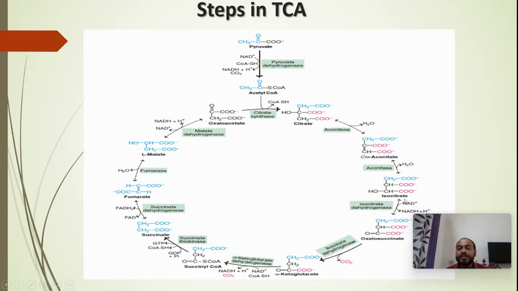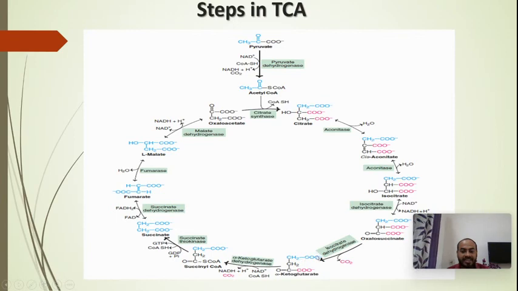So what is happening? NAD plus is getting reduced into NADH plus H plus, and subsequently isocitrate is getting oxidized into oxalosuccinate. Then again, in the presence of the same enzyme, isocitrate dehydrogenase, what will happen? One carbon dioxide molecule will be removed or eliminated from this position. So this position will be completely vacated now, right?